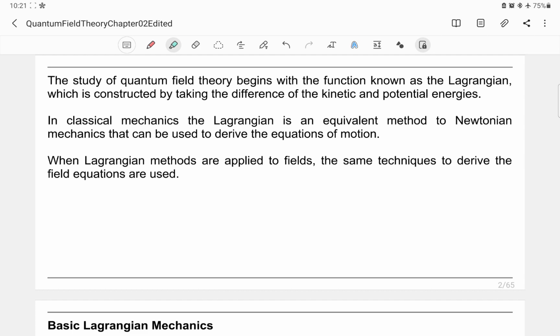In classical mechanics, these are used in deriving the equations of motion of moving objects. These methods are applied to quantum field theory as well, and the same techniques are used to derive field equations.